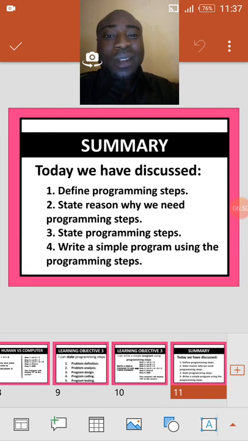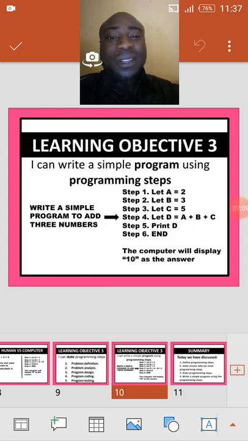And we also looked at programming steps, where we have problem definition, problem analysis, program design, program coding, and program testing. And we wrote a simple program using that same method.